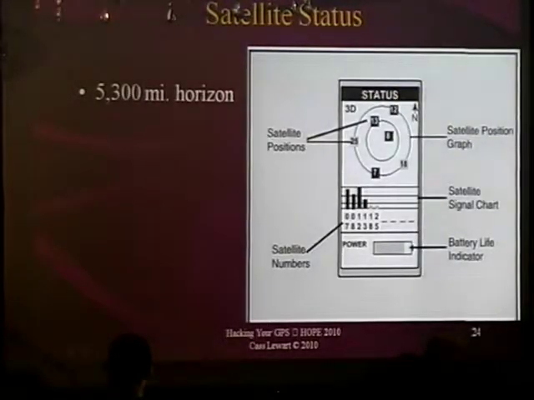And you are in the middle and you see those circles and you see how many satellites are visible to the GPS at various circles. The interesting part is the third circle, which can still be received by your GPS. The distance to the third circle is over 5,000 miles.